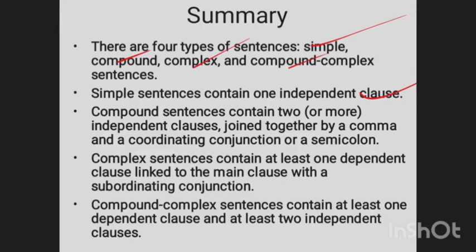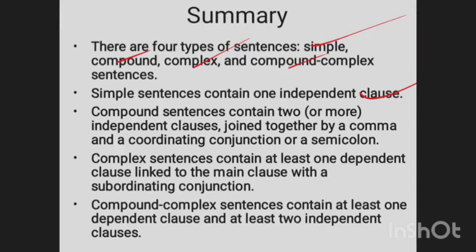We also said that complex sentences contain at least one dependent clause linked to the main clause, or you call it independent clause, with a subordinating conjunction. And we said that compound-complex sentences contain at least one dependent clause and at least two independent clauses. And we also looked at the various types of sentences.